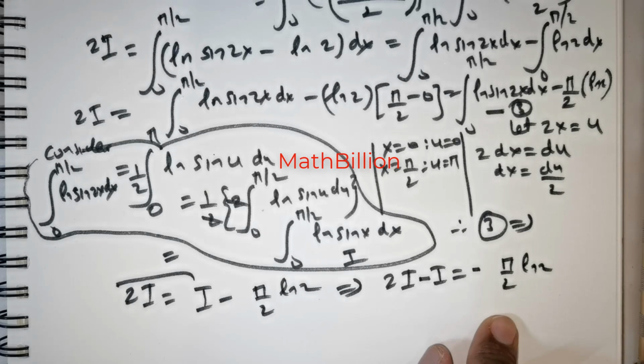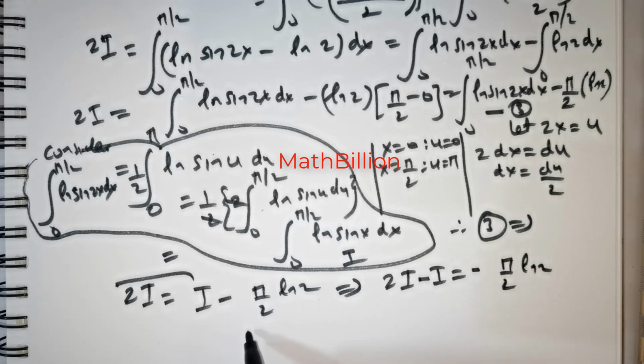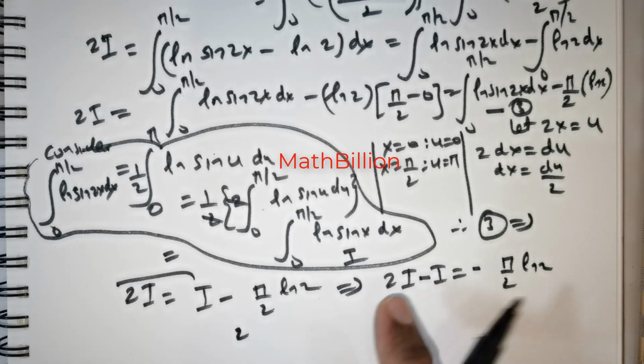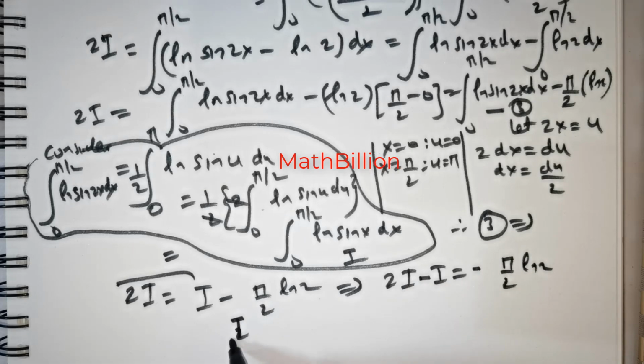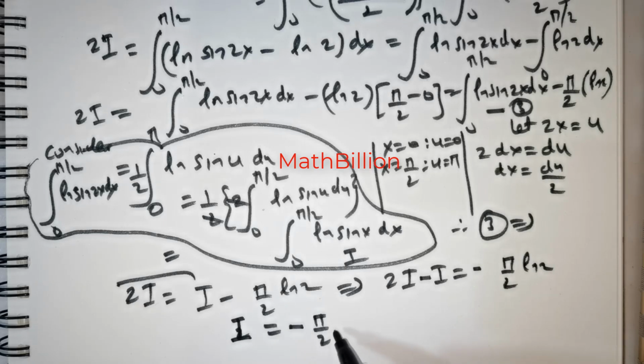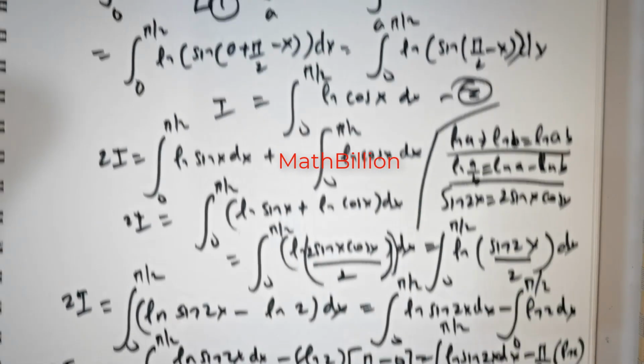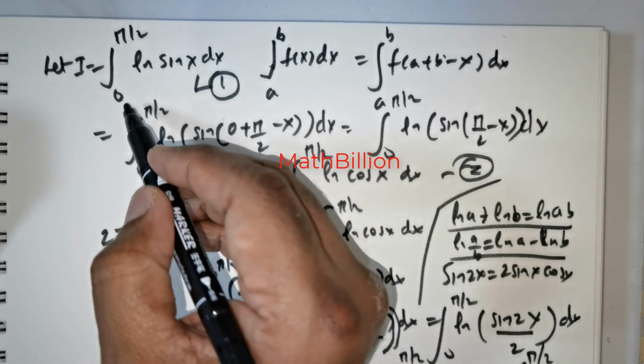So if I perform the simplification, 2 times I minus I would give me I, equal to minus pi over 2 times ln 2. So what is I? I is nothing but integral 0 to pi over 2 of ln sin x dx.